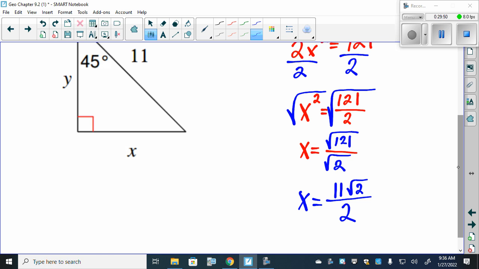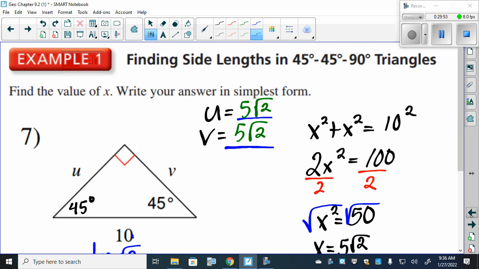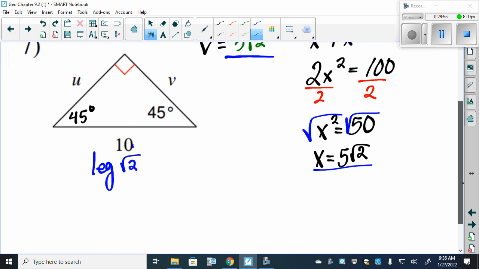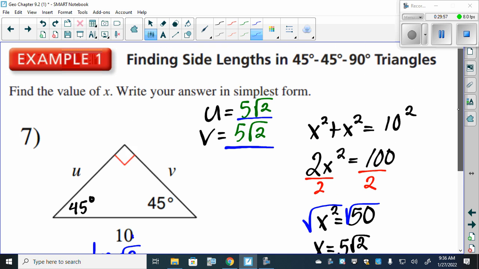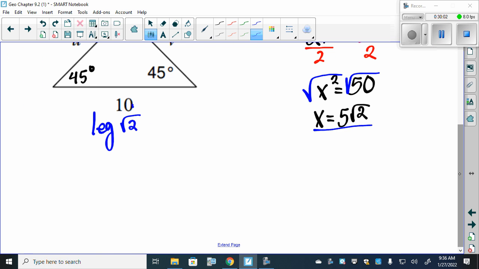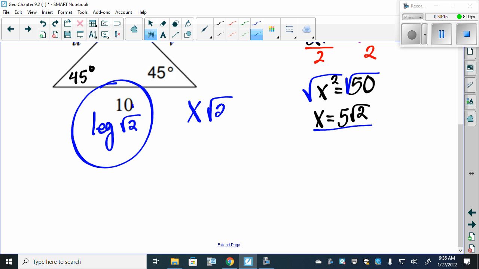Because for 10, the hypotenuse being 10, is 10 divisible by 2? Yes, because 10 divided by 2 got us this here. But what else do we know about the hypotenuse? It is the leg times the square root of 2, yes? Well, our leg value here is x, so x times the square root of 2 gives us what? Well, how can I get x by itself?